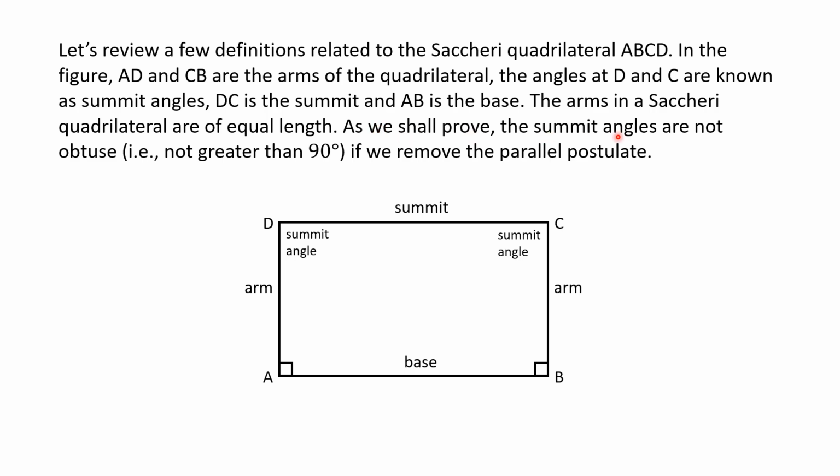And we're going to prove that the summit angles are not obtuse, so they're less than or equal to 90 degrees, if we remove the parallel postulate. So in the case of Euclidean geometry, they will be 90 degrees, but when we get into hyperbolic, these summit angles will be less than 90 degrees. But we'll get to that in the next lesson.